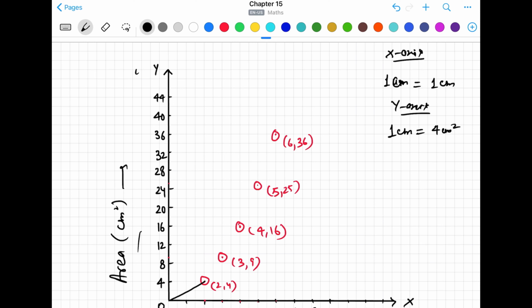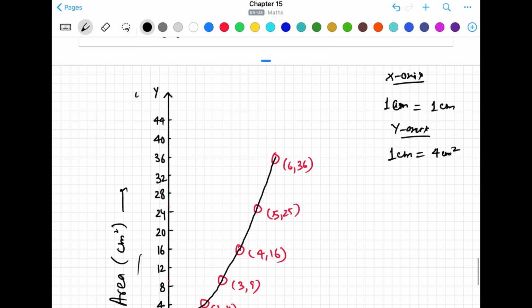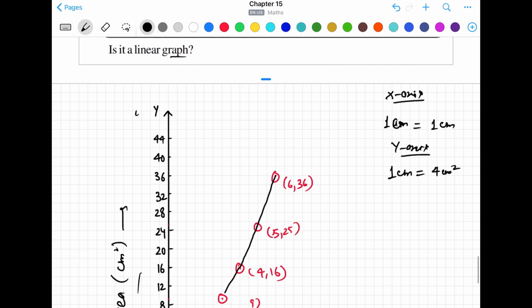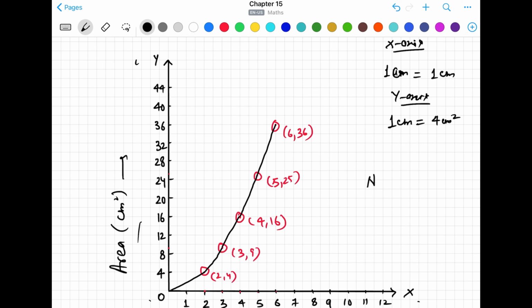Start from the origin, join it to this point, then to the next point, using a scale, then the next and next. Now you can see it is not forming a straight line. So is it a linear graph? The answer is no, it's not a linear graph. That's the answer for this question.